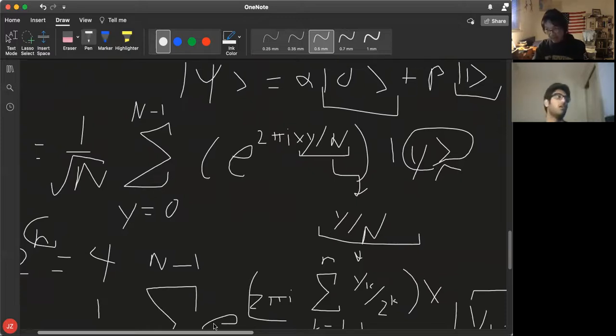This is where my handwriting comes to bite me again. Okay, so no, that is a moderately different summation going on here.